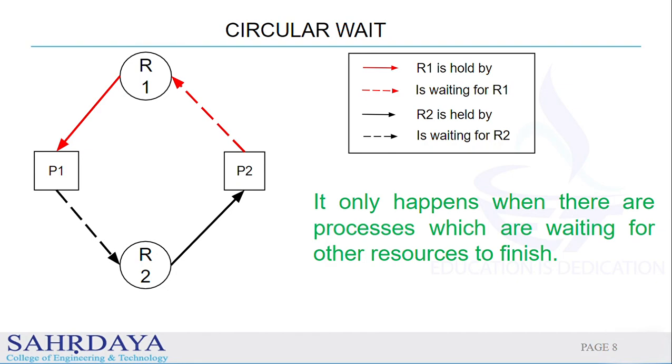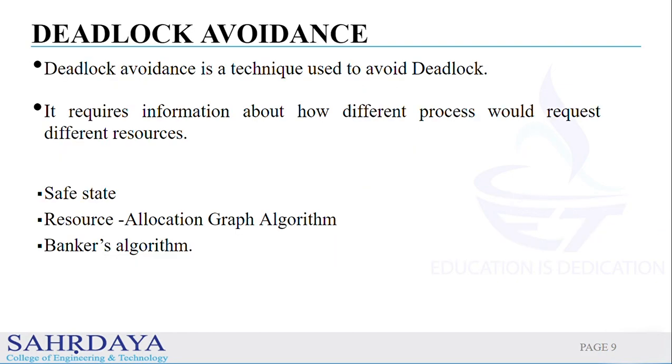Now we will discuss the deadlock avoidance technique. Deadlock avoidance is a technique used to avoid deadlock. The main funda is additional information, or you can say prior information: only if you have prior information can you avoid the deadlock. That is, it requires information about how different processes would request different resources.